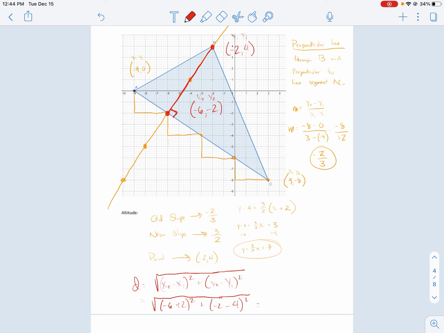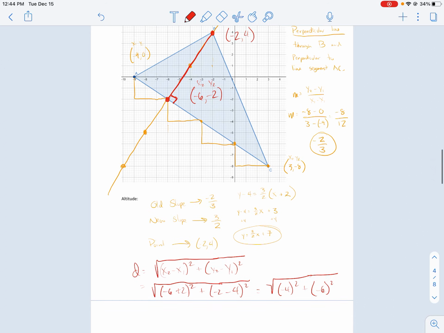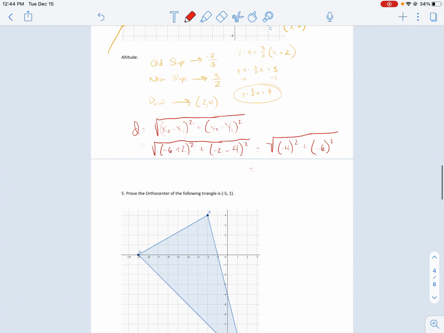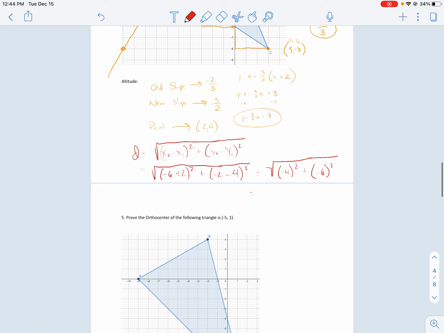So 6 plus 2 will give me a -4 squared, plus -2 minus 4 will give me a -6 squared. So we get 16 plus 36, which is equal to the square root of 52.